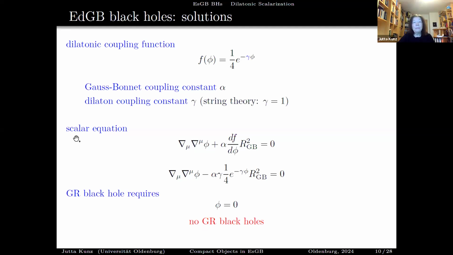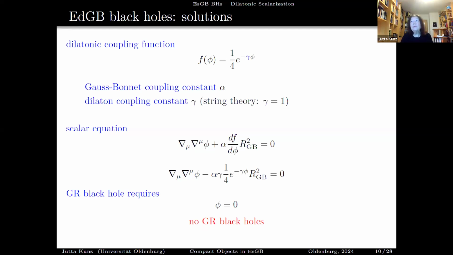Then the scalar equation is what we have to look at. And we see that here this derivative of the function with respect to the scalar occurs. Of course, with such an exponential, this is not going to vanish, and also not when phi, the scalar field itself, vanishes.